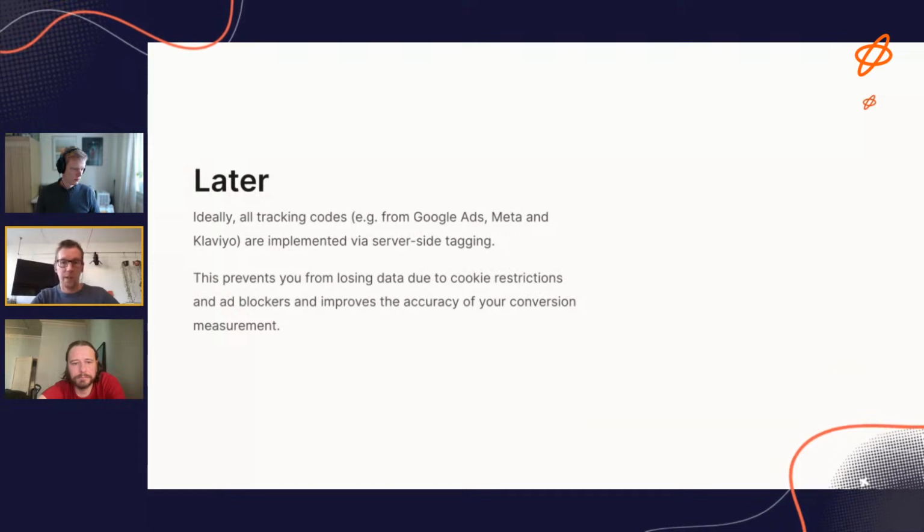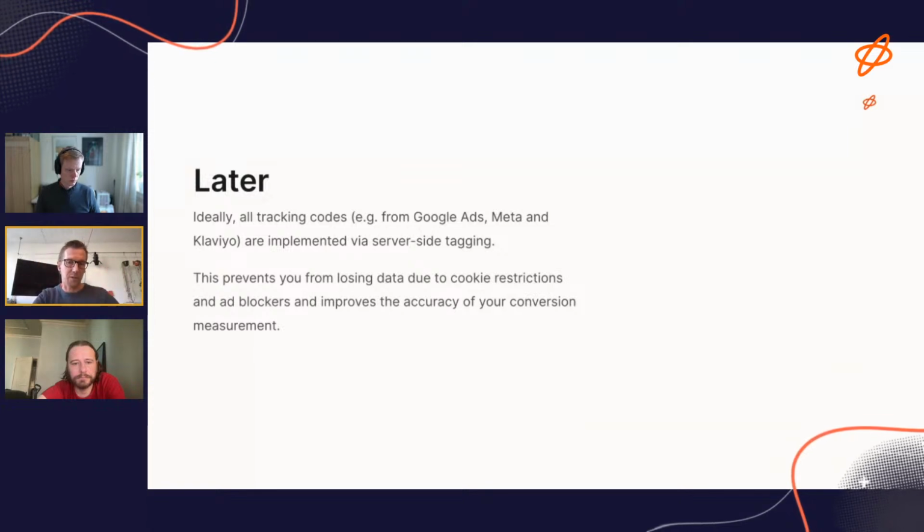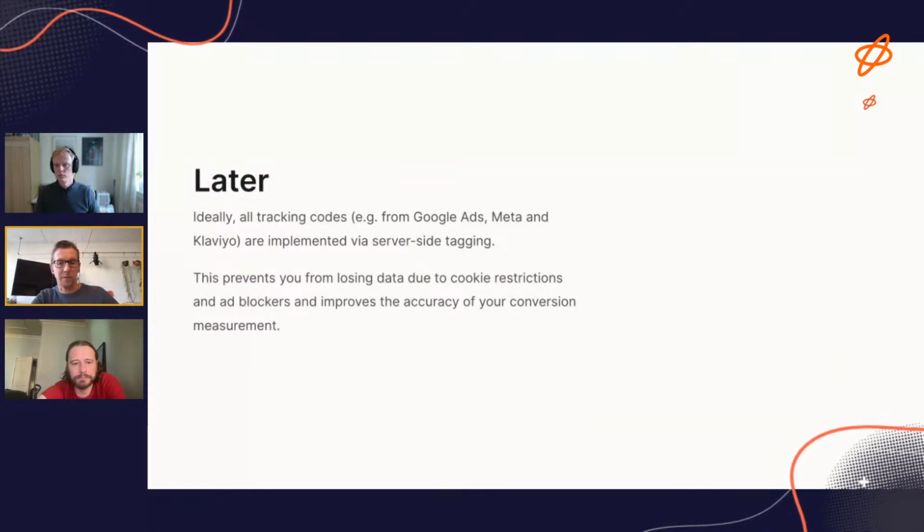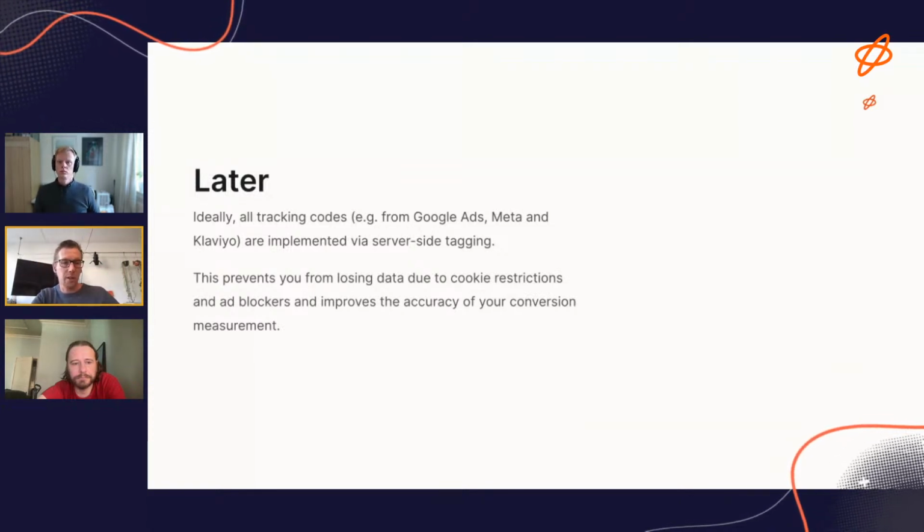But ideally, all tracking codes from third parties will be implemented through the magical words server-side tagging later in the future. That might mean this year, might also be next year. If you're not very heavy on third-party tracking and advertising, you might not even need it.